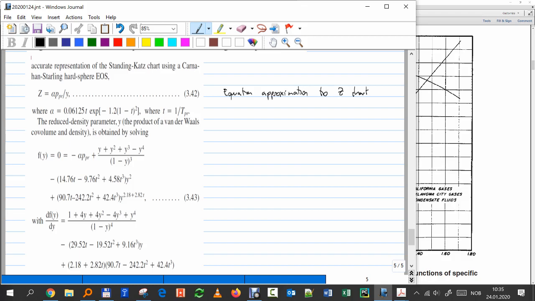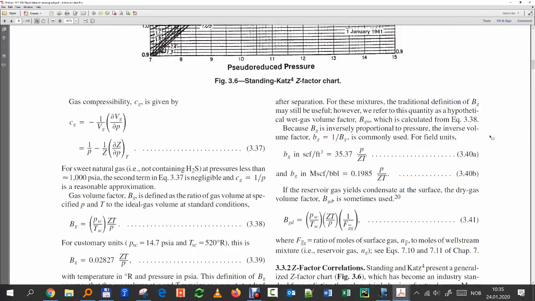Another thing we're going to use, to predict T critical and P critical, which we need for the pseudo reduced pressure, is the Sutton correlations, which are also given someplace here.